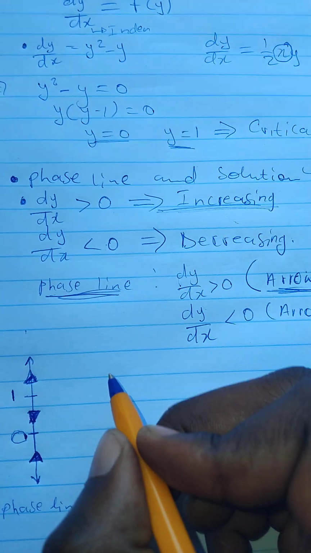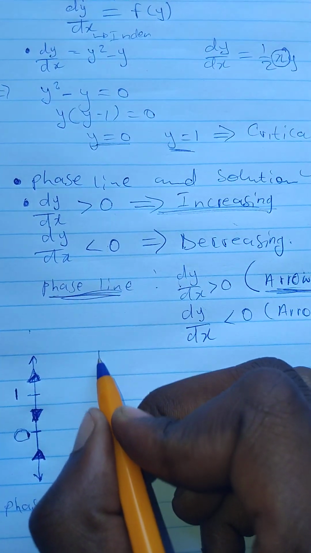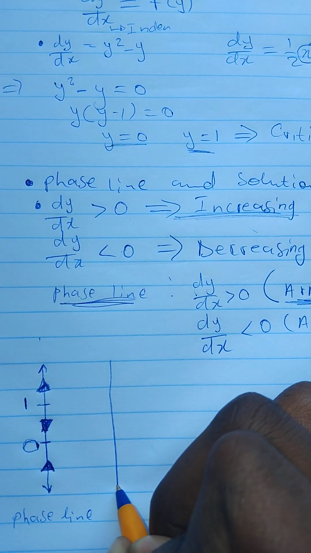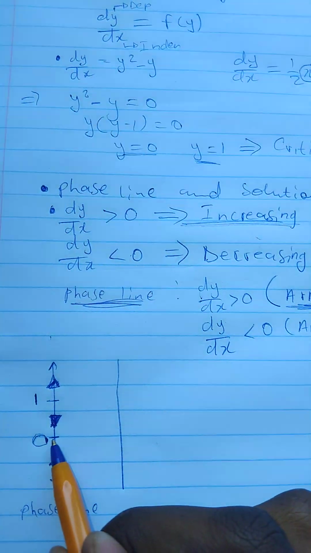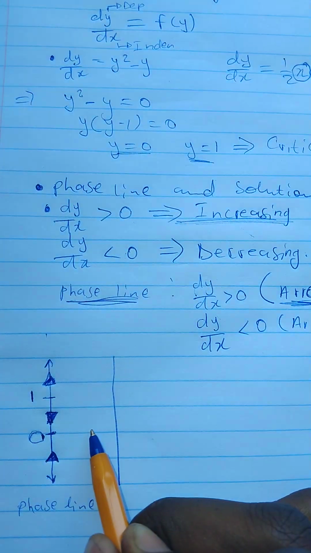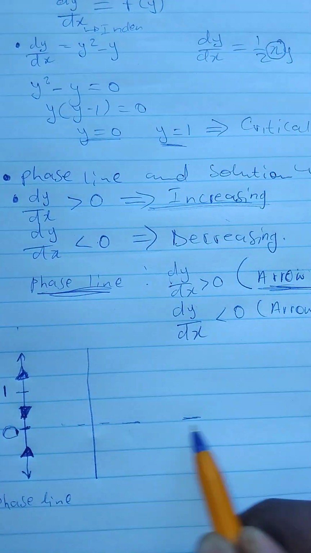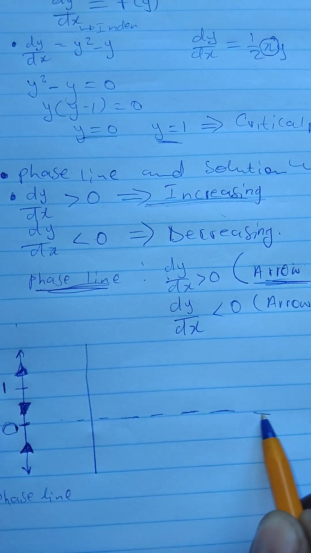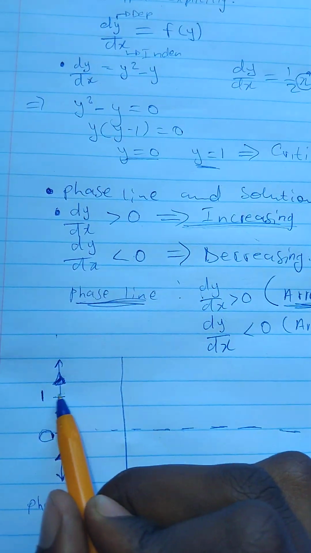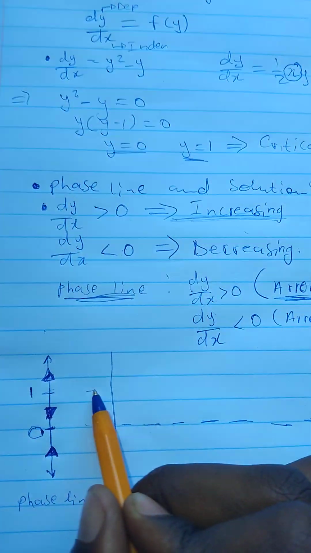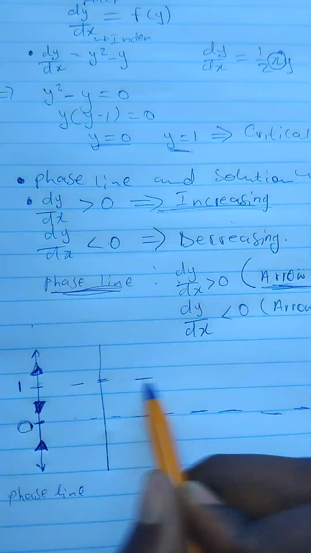So now, drawing the solution curve on the side, I can construct from 0 like that with dotted lines, and also from 1 I can construct like that.